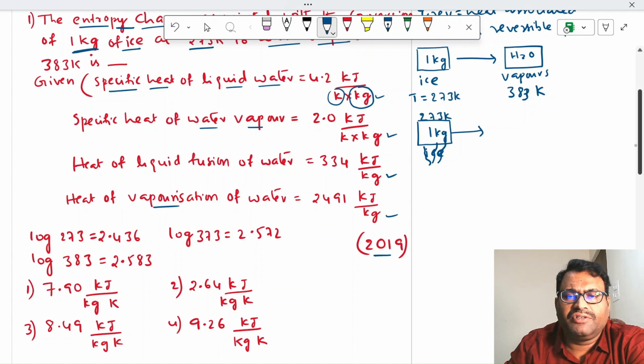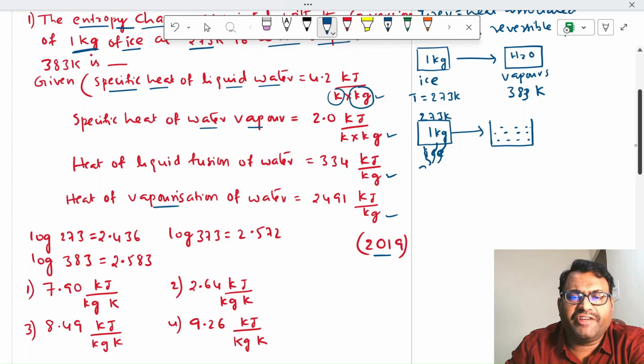When you heat it, whatever heat you give it will be used only in the conversion of the state of this ice. All the heat energy you are giving to this 1 kg of ice is taken by the ice to convert from solid to liquid state. So in the first process, 1 kg of ice will be converted into water.